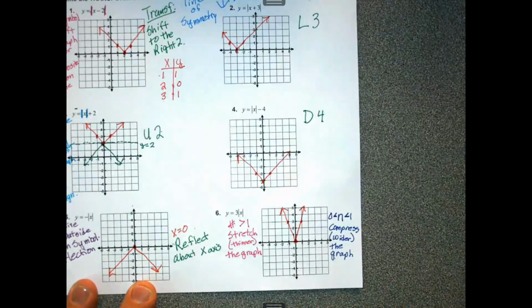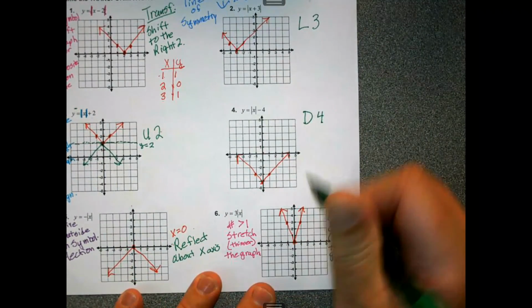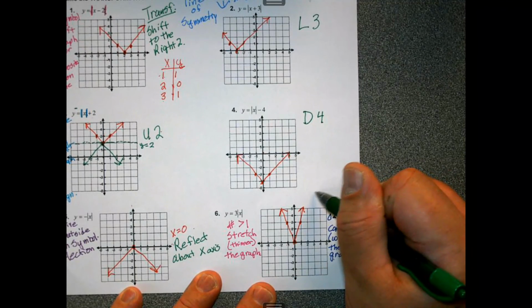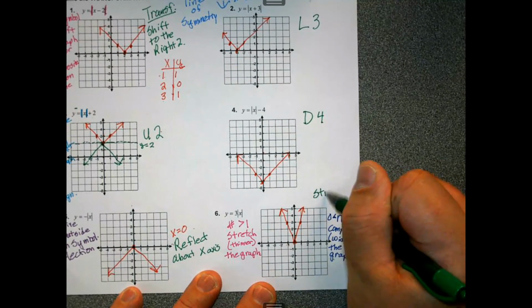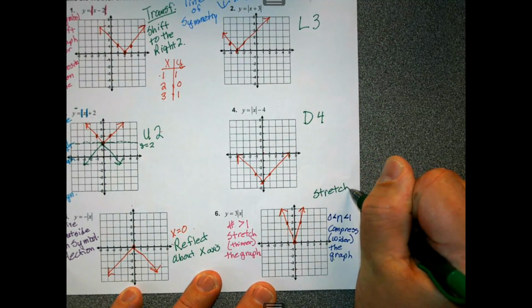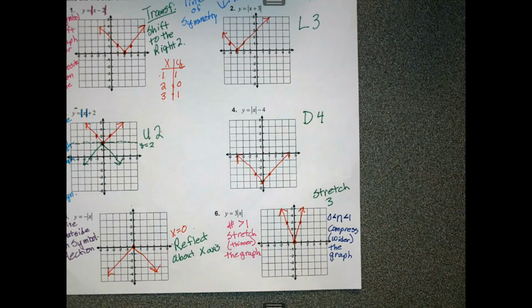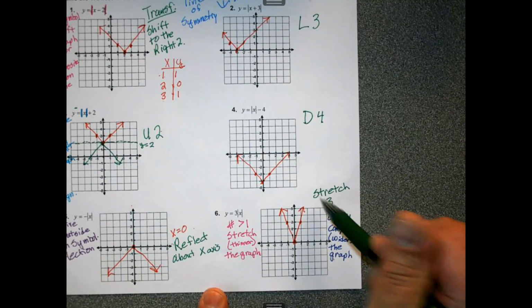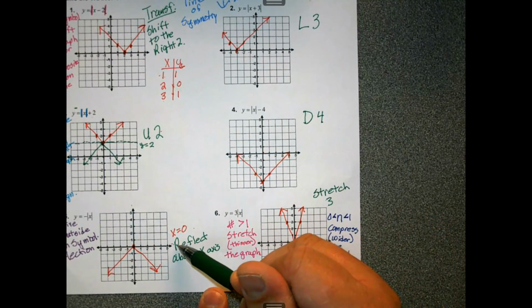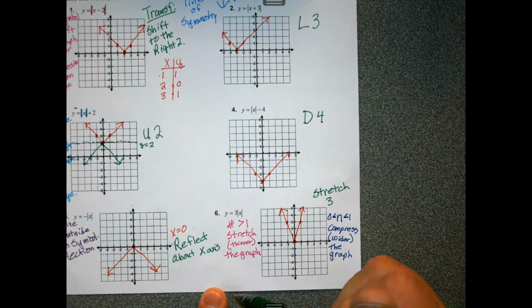So when you go to write your transformation, you're going to have to put stretch by 3. Unfortunately, you could get away with it with the stretch, but not the reflect. The reflect you have to write out.